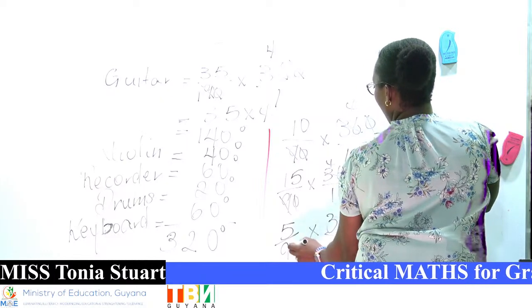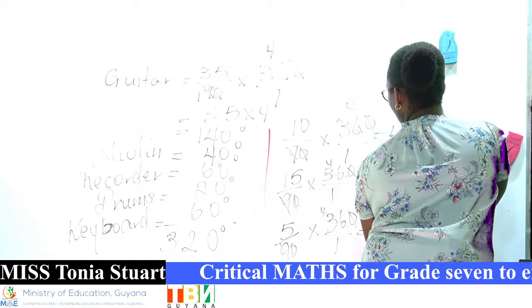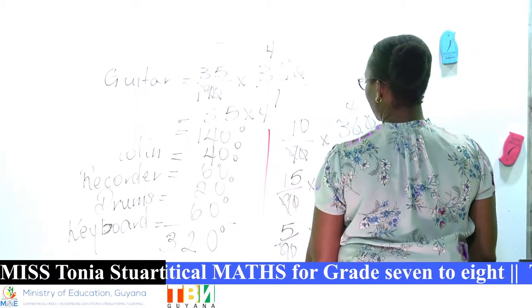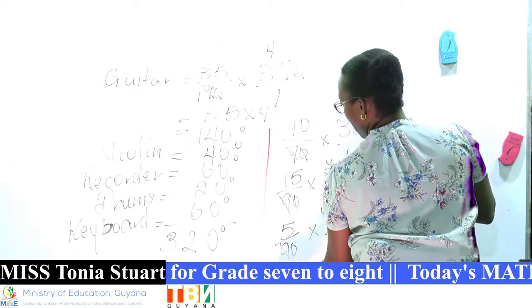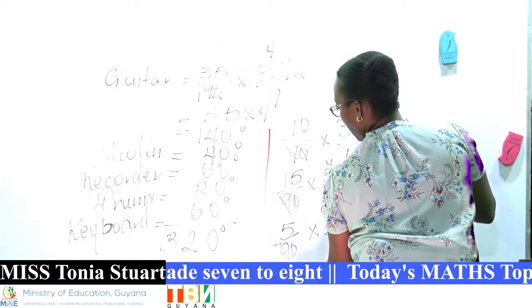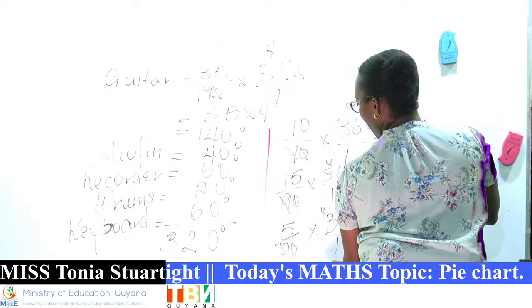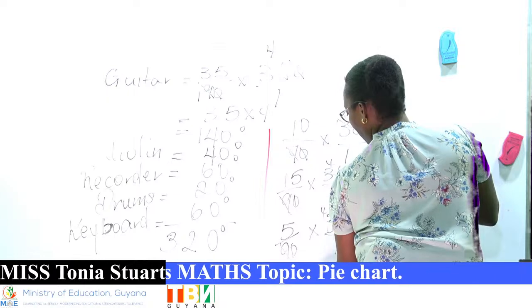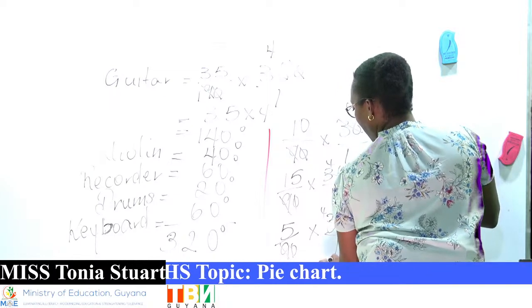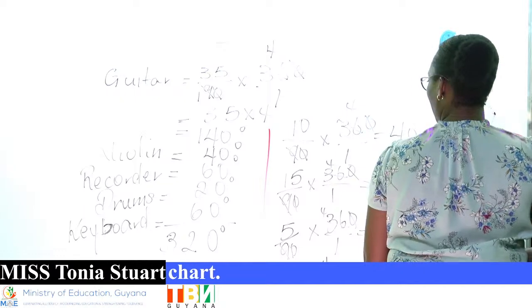Giving us 20. Next, keyboard. 15 over 90. Giving you 60.